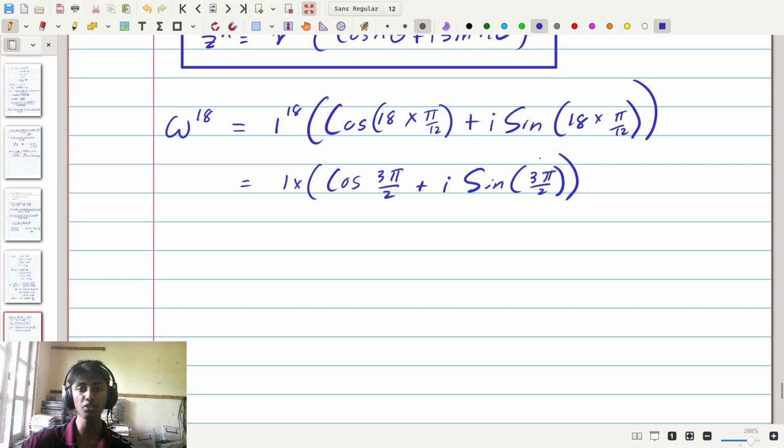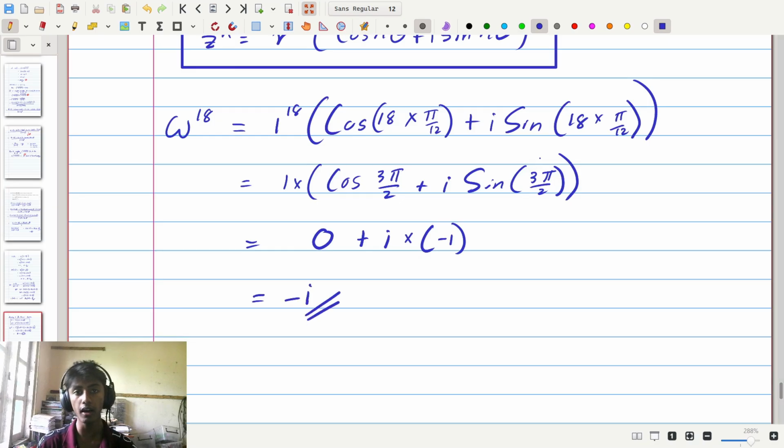On the outside we have 1, which you can ignore, and on the inside cosine of 3 pi by 2 is equal to 0. So we have 0 plus i times sine of 3 pi by 2, which is equal to negative 1. And therefore we get 0 plus i times negative 1, which is equal to negative i.